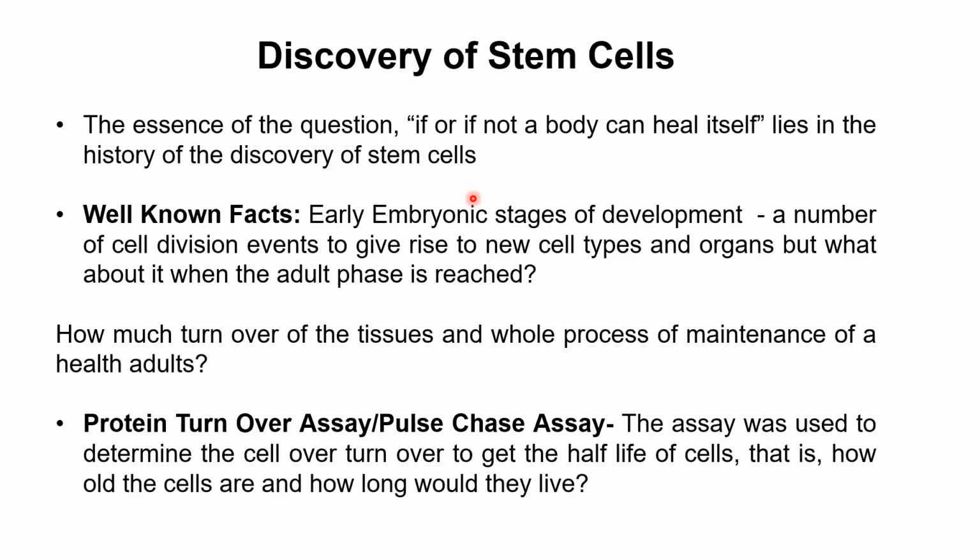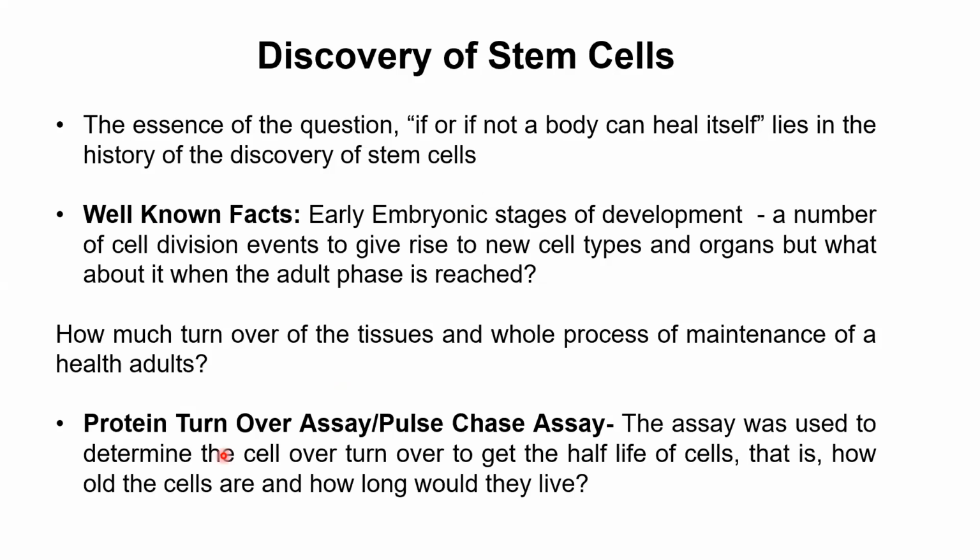So what happens? How does the turnover of the tissue and the whole process of maintenance of adult fate work? Is there a maintenance system? Is there a system through which the adult body can heal itself? And different techniques were used.